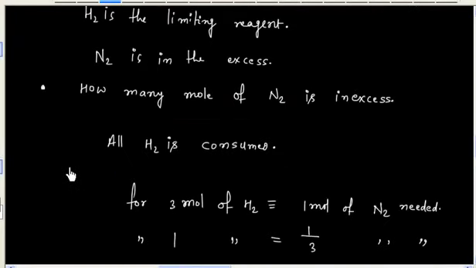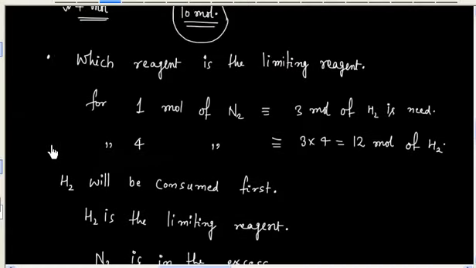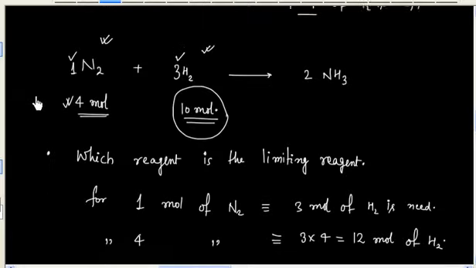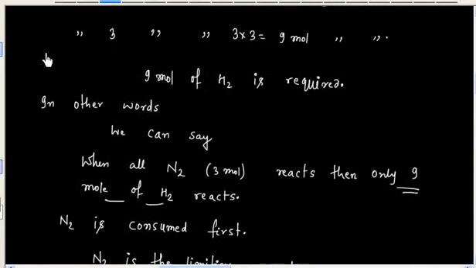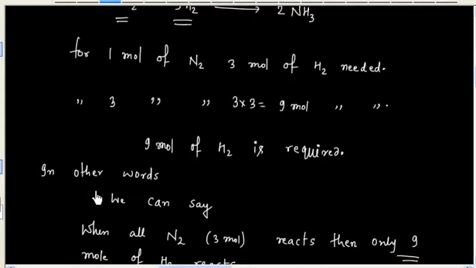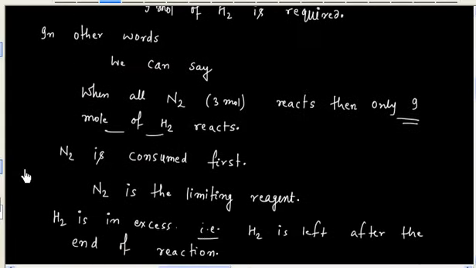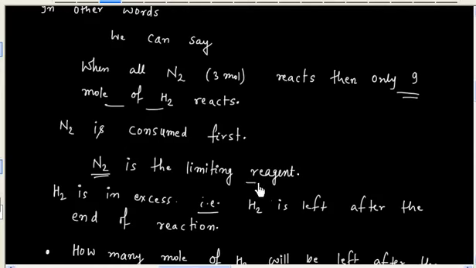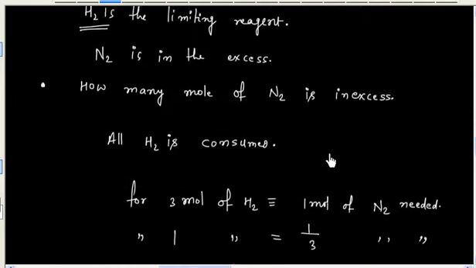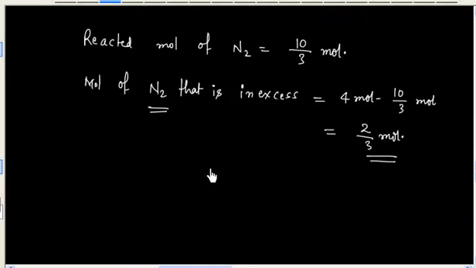One important point, you see, in this case, hydrogen is the limiting reagent. But in the first case, nitrogen is the limiting reagent. So which will be the limiting reagent? It depends upon initial quantity that is taken.